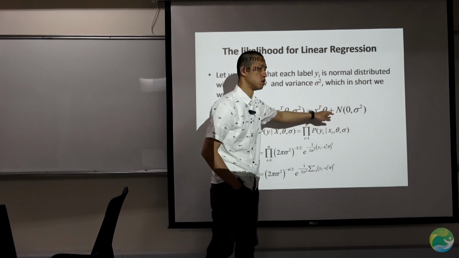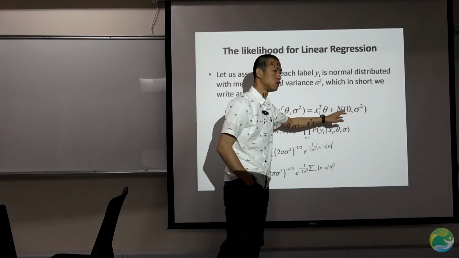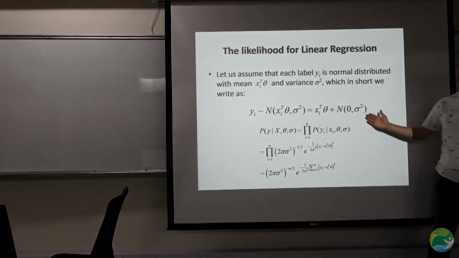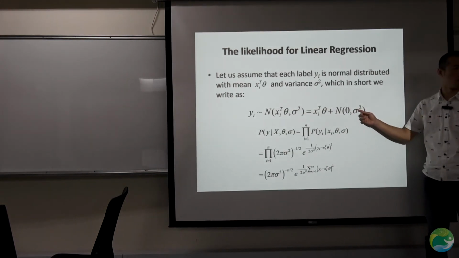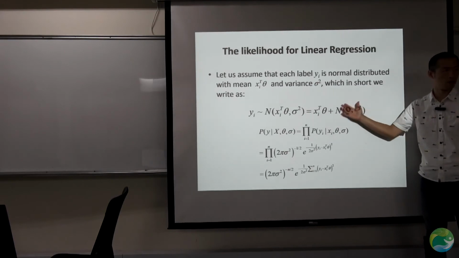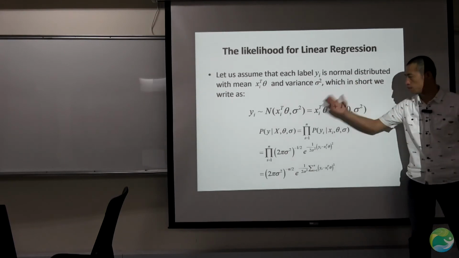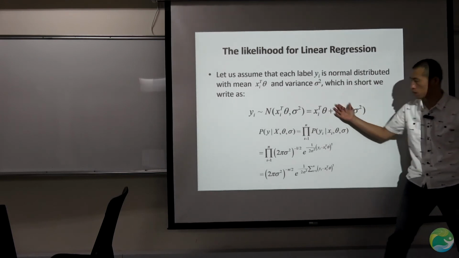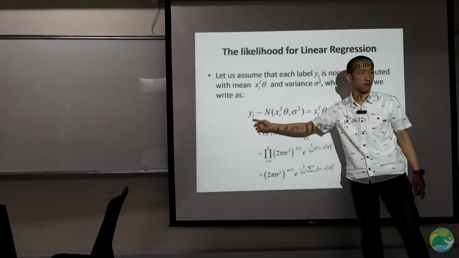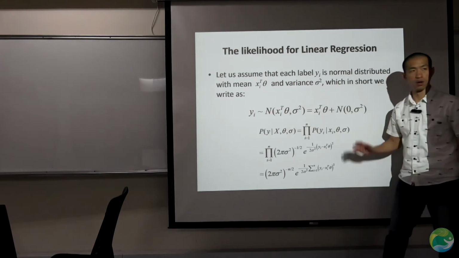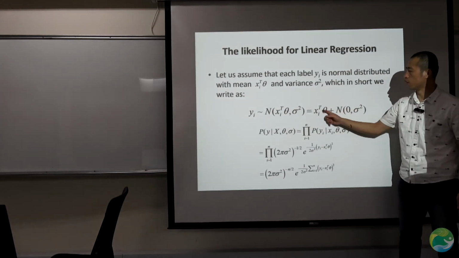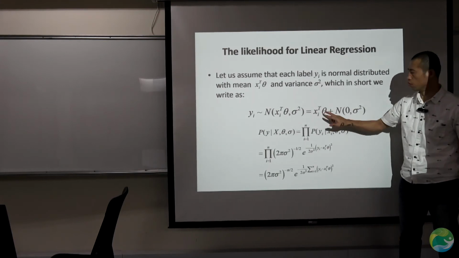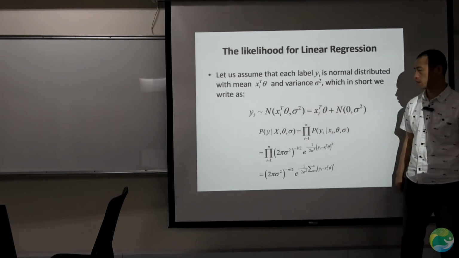Your error term is an error around 0 with the magnitude of sigma square. So prediction plus the error term becomes the observation. What you want to do is find out the theta, right? You want to know the theta.